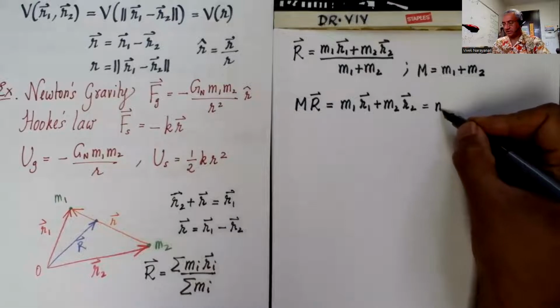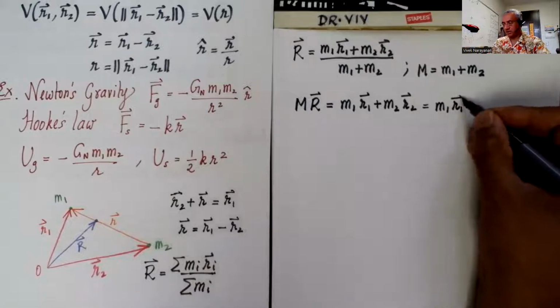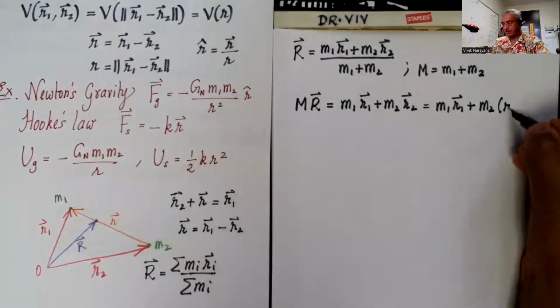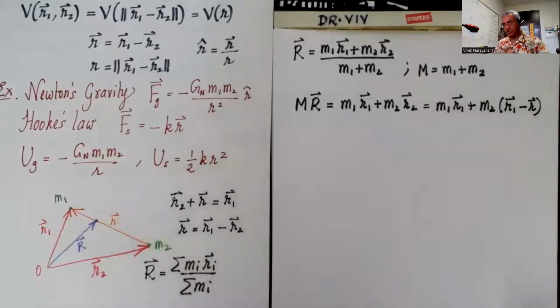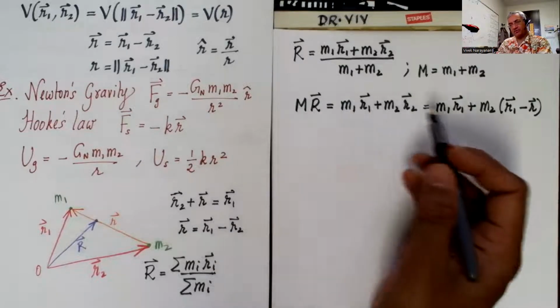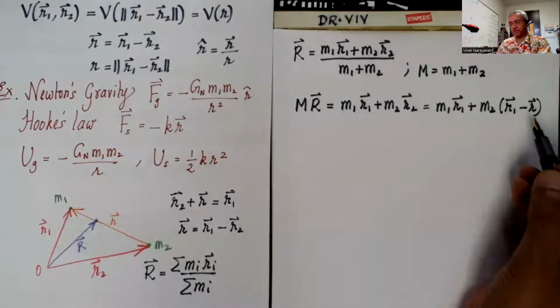So I'll get M1 R1 plus M2 times R1 minus R. My purpose here is to find an expression for R1 and later an expression for R2 only in terms of the center of mass coordinate capital R and the relative coordinate little r.